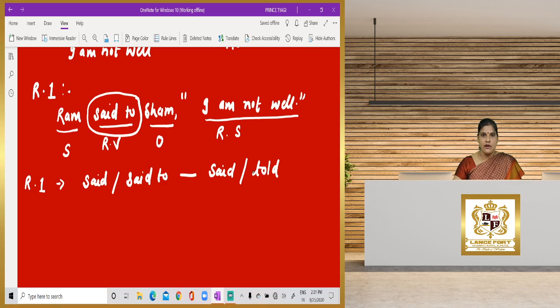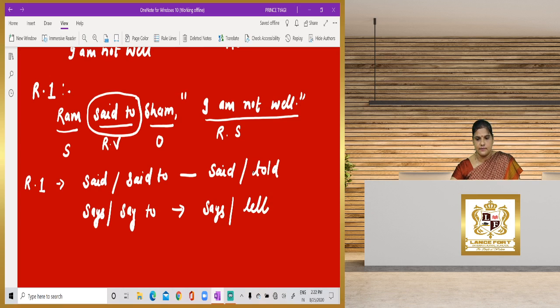But if your reporting verb is says or says to, then says will remain says, and say to will change into tells or tell.